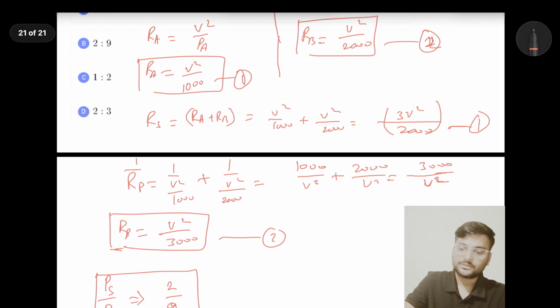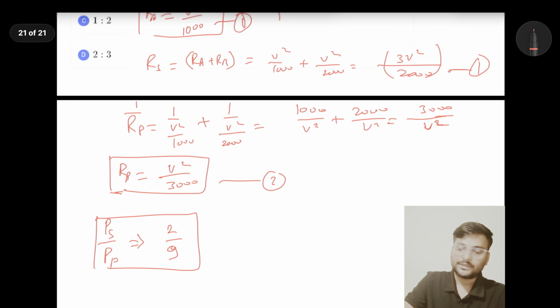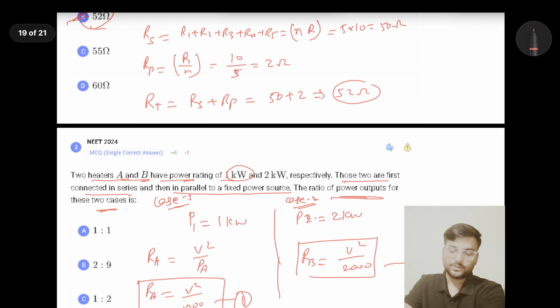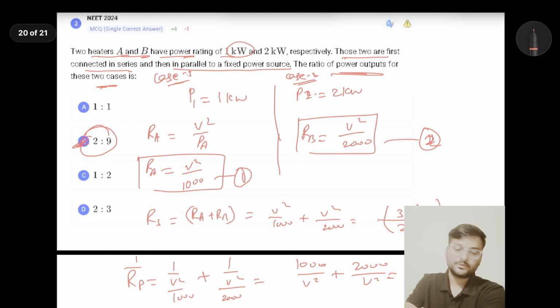This is the first equation and this is the second equation. Then you get the value here as 2:9. So the option is which one, option B will be the correct one here.